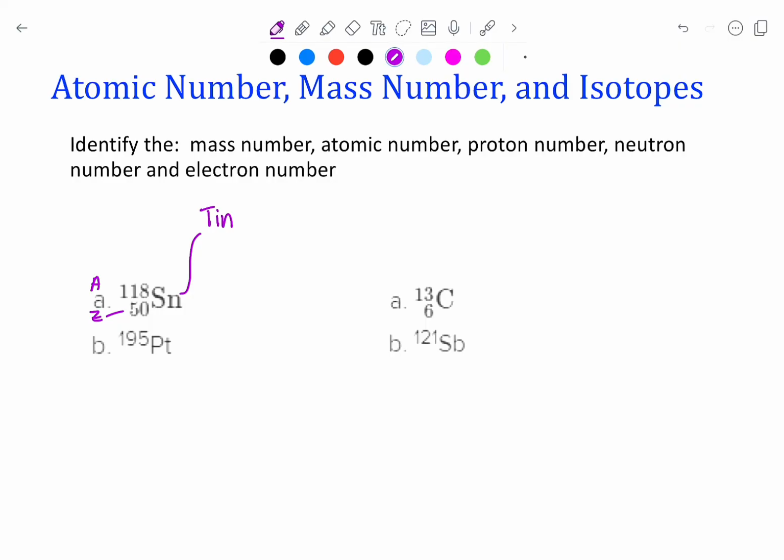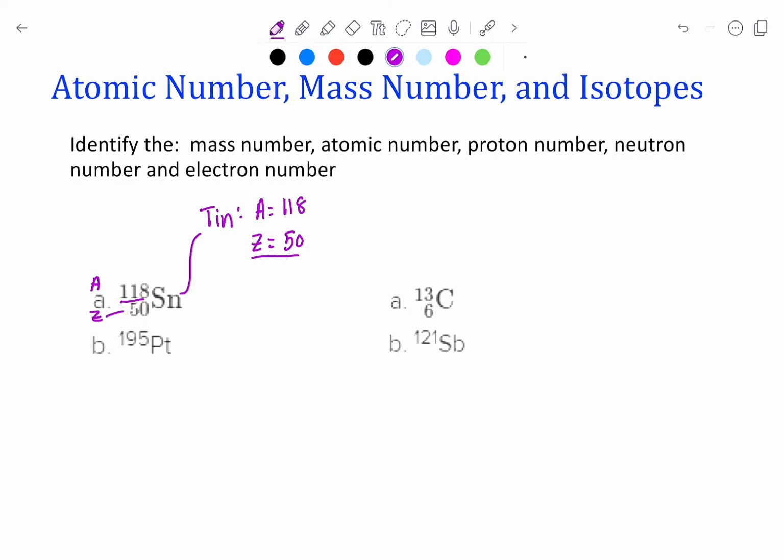Look for that 50 in the corner of one of those boxes, and you should find tin, Sn. So our mass number, A, is given to us in the problem as 118. Okay, our atomic number Z is also given to us in the problem. We're told that it is 50.